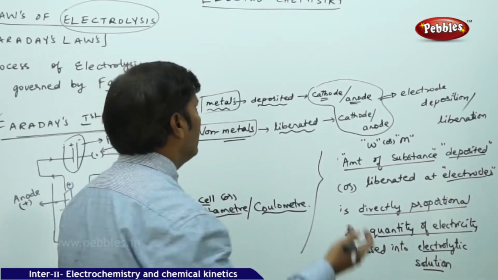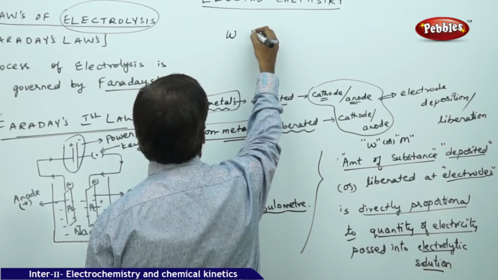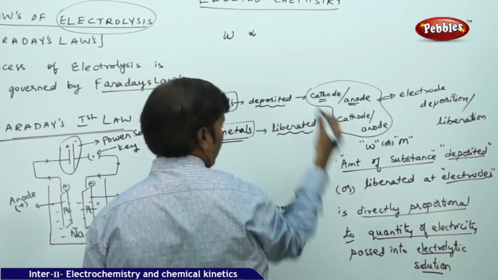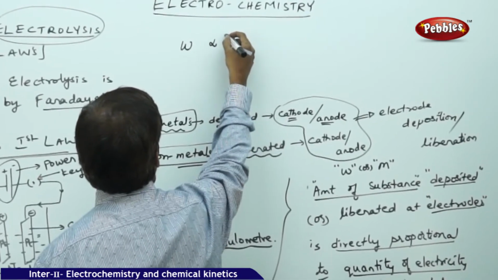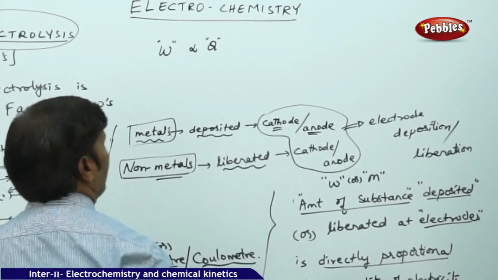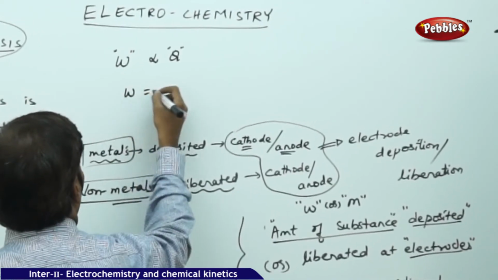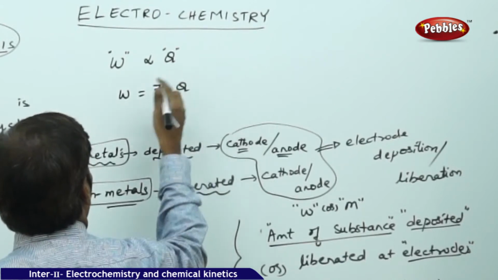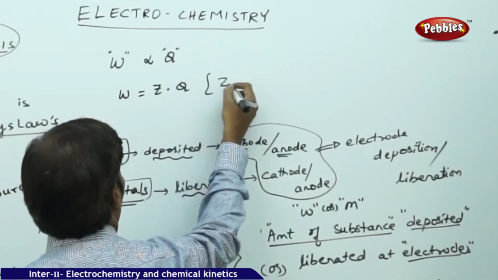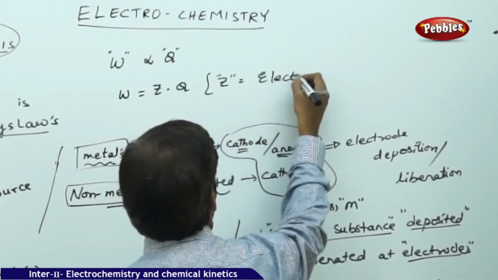So W is the amount of substance deposited or liberated at an electrode, which is directly proportional to the quantity of electricity, given by Q. If I remove the proportionality, I get a constant, that is W = Z into Q, where Z is a constant called the electrochemical equivalent.